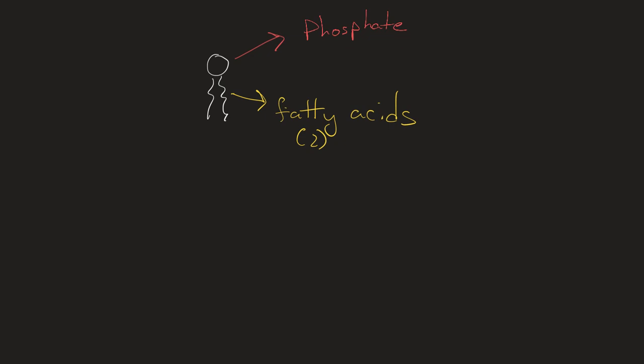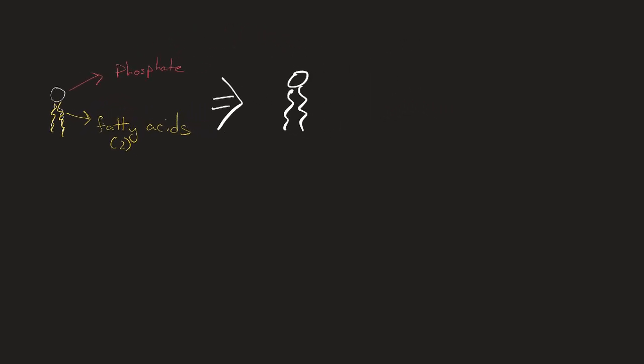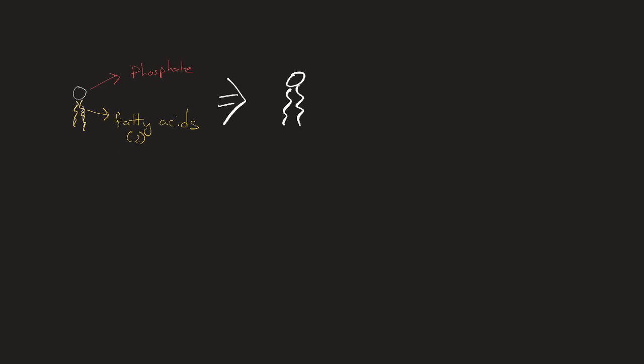Two of them, 1, 2, to make a phospholipid. That is a phospholipid. It's the basis of a cell membrane. It's the first structure that had to form for life on Earth to start.